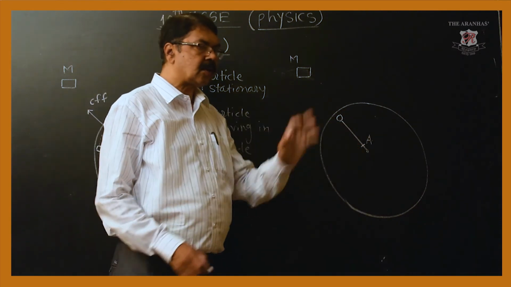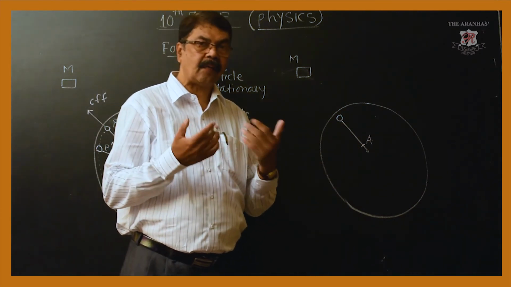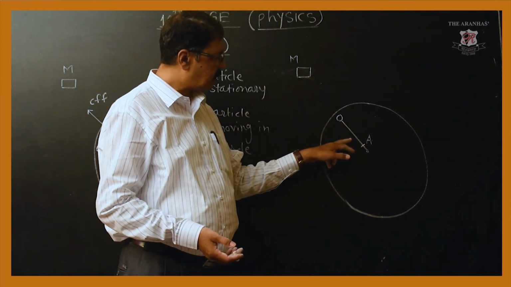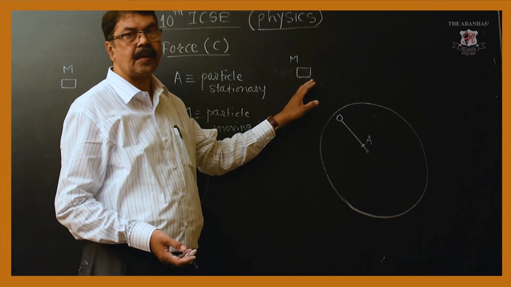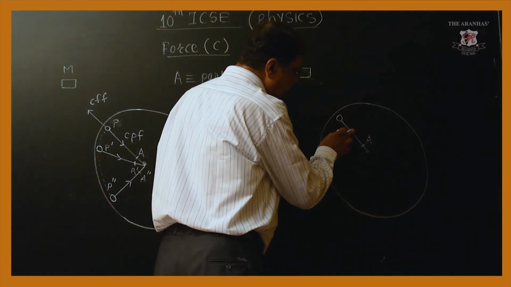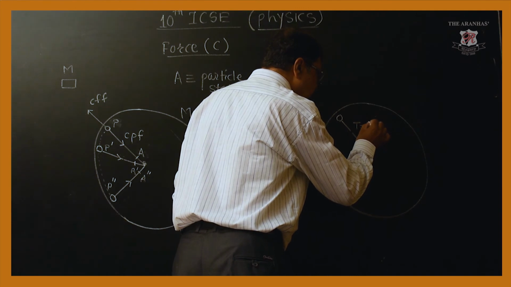Slowly, the table starts rotating. Assume that the table starts rotating at a faster speed. As the speed increases, tension in the string also increases, centrifugal force also increases, and at a certain point, the string breaks. That is, tension becomes zero.